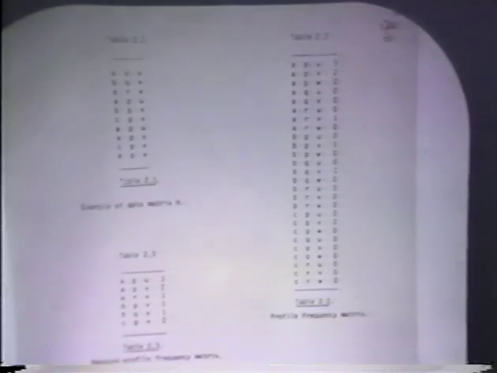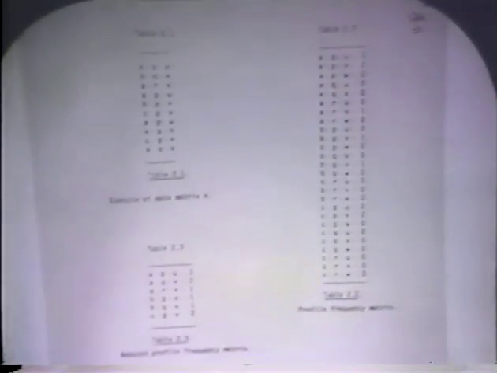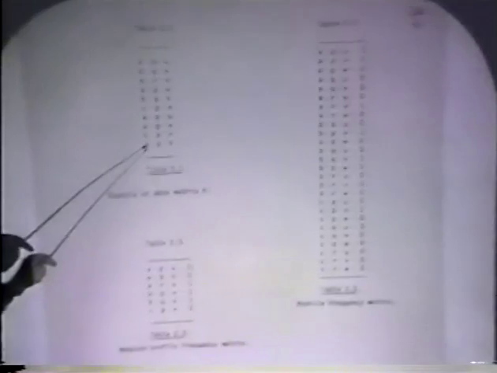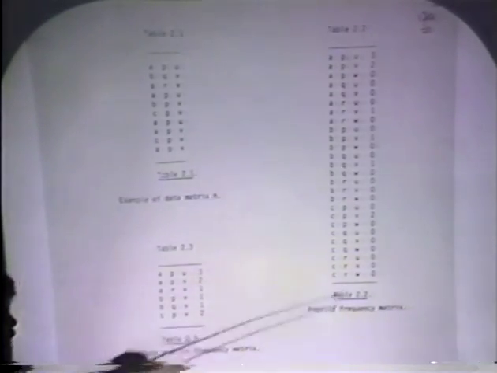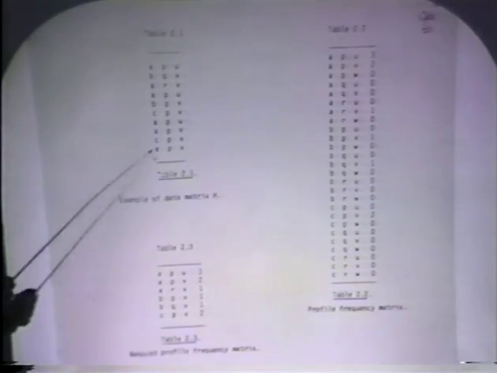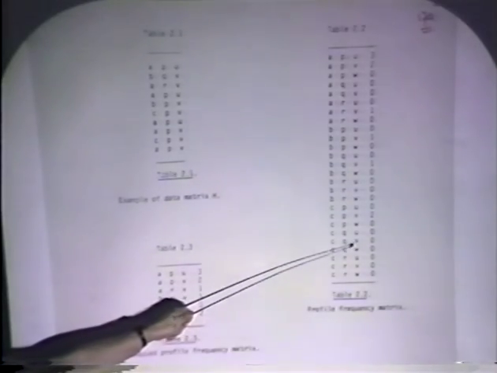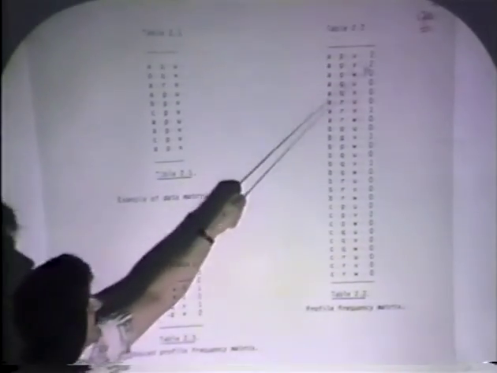There's a couple of pages here from Gifi, which show you the same example again. This is the data matrix as I have just copied it on my transparency. This is a way in which you sometimes also find it: simply all the possible combinations of categories are listed and their frequency is indicated.